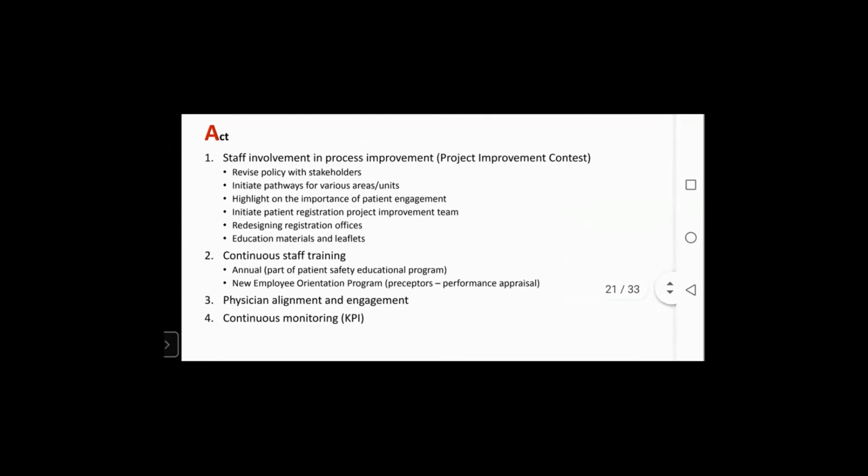Okay. What about ACT? Yes, ACT, basically we will continue with the PDSA, the letter A, which is ACT. In ACT, usually the staff were involved in the process of improvement, and they follow the policy and the initiative pathways for the various area units.